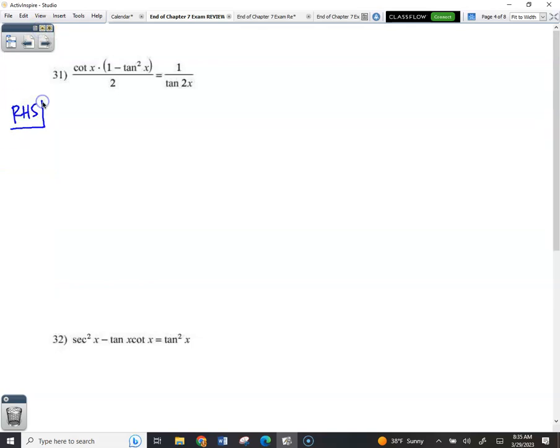So the right hand side is 1 over tan 2x. What is the double angle formula for tan? 2 tan over what? I don't remember.